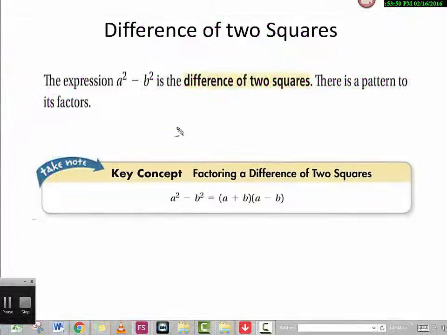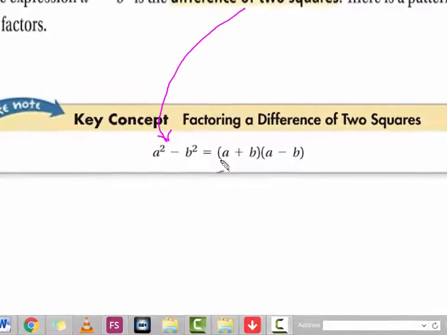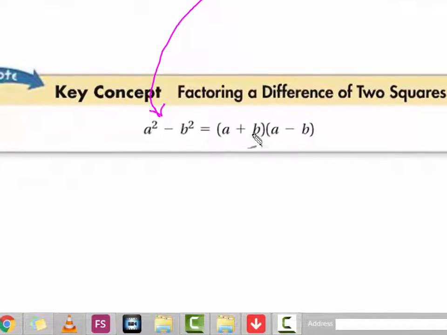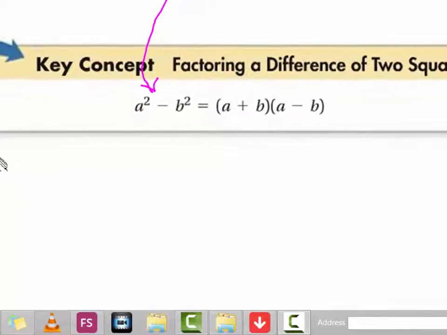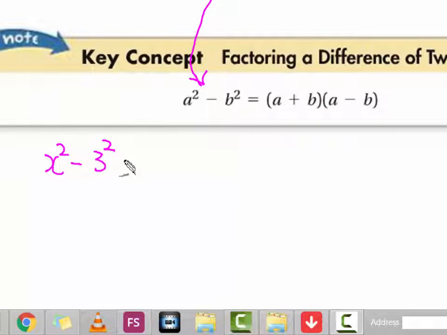The last concept that we're going to learn in this unit is the difference, means minus, of two squares. Here's the formula. A squared minus b squared is the difference of two squares, which ends up in factor form like this. I'll give you an example. If you have, say, x squared minus 3 squared, you're going to have x plus 3, x minus 3.